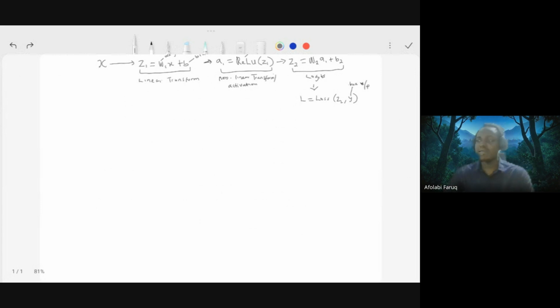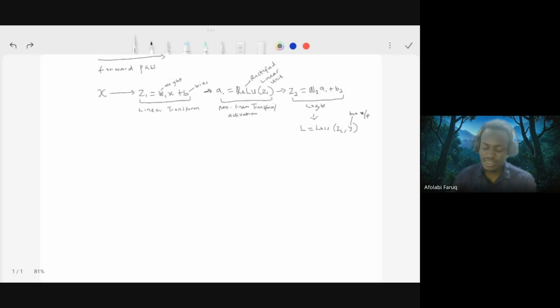Now, don't forget that we have some specific things here, from the input X to Z1, which is the output of the linear transformation, to the activation function, to Z2, and to L, which is the loss.